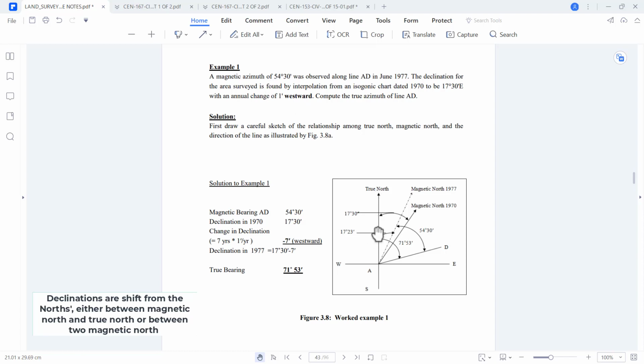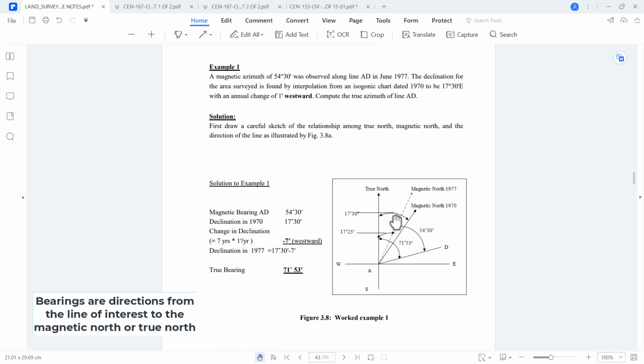So first you have to draw your cardinal points like this. You have your north, south, west, and east. Then the magnetic bearing is a shift from the true bearing. So you have to give some offset from the true north and draw a line like this one.